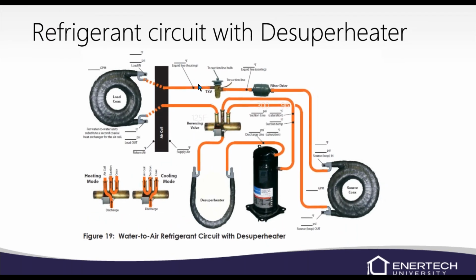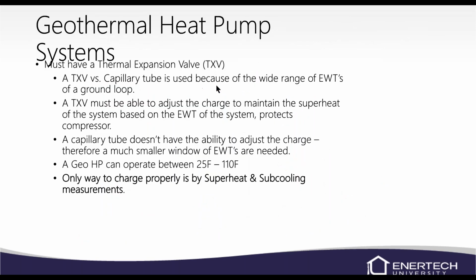So in a geothermal heat pump system, we must use an expansion valve. We can't use the cap tube because of the wide range of temperatures that we have going through that system, through that loop. You know, we're ranging anywhere from 25 to 110 entering water temperature, depending on what mode we're in.